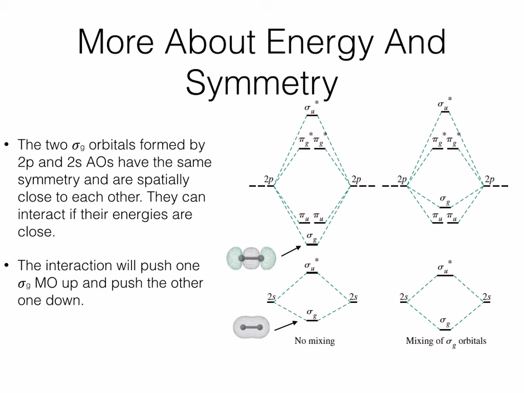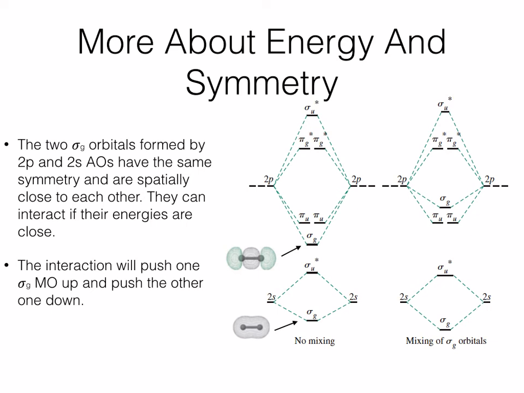Now, if you think about the requirements, there's symmetry, there's spatial overlap, and the third one is energy. This is a case where the two molecular orbitals have the same symmetry. They're both sigma type, and they're both g, meaning that they are symmetrical with respect to the inversion center of the molecule.